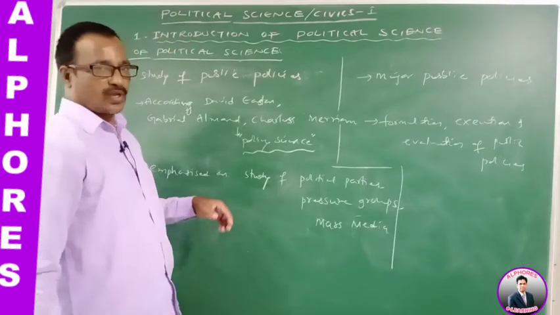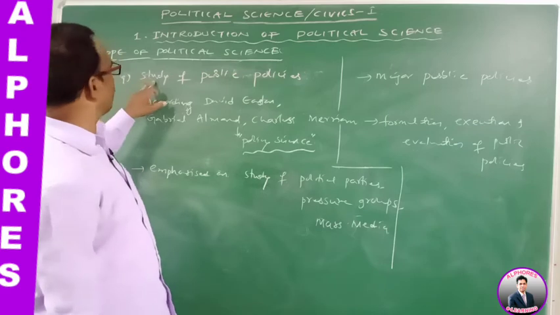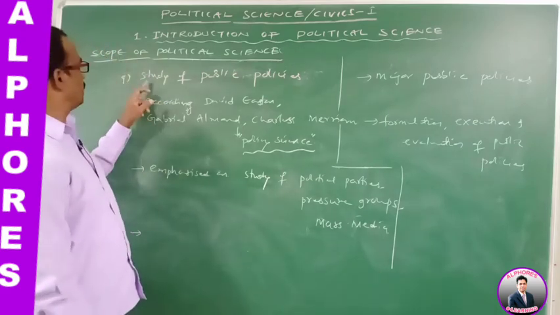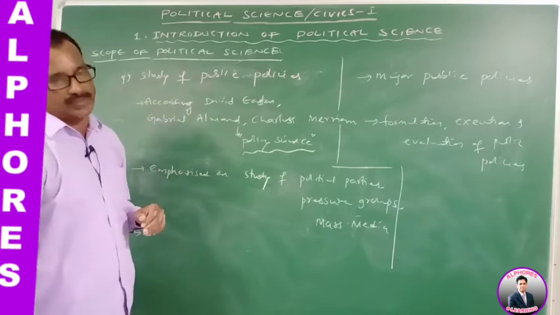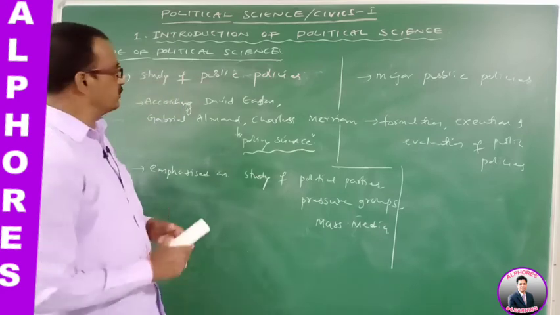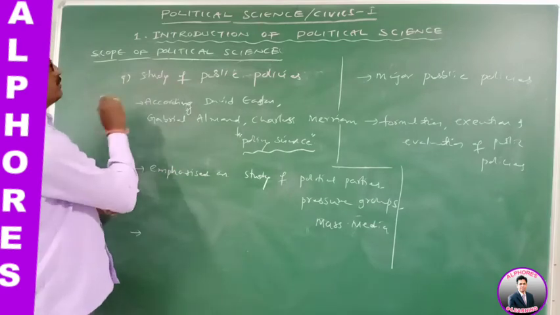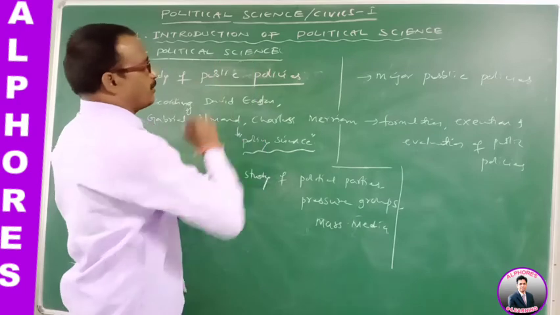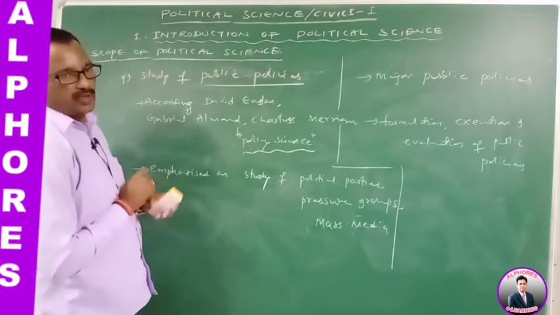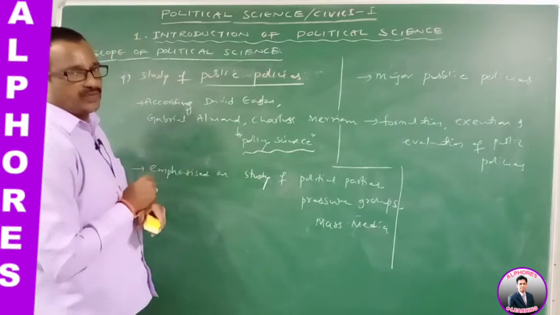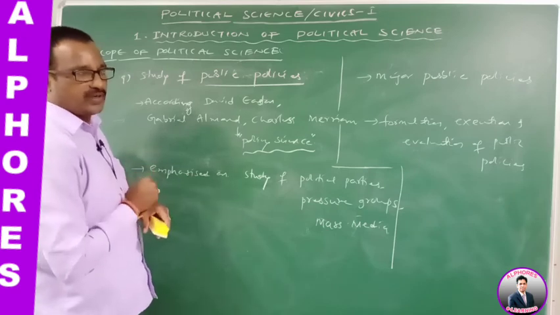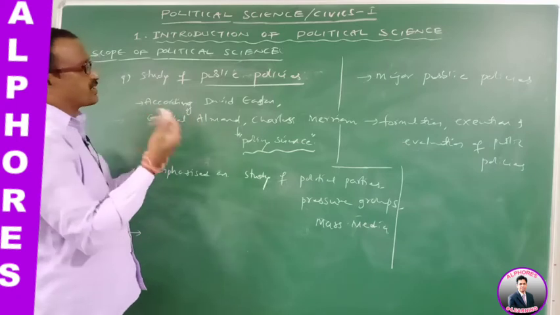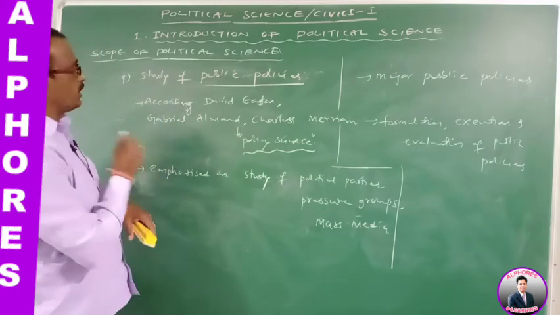Dear students, I am going to explain one more point, a part of the scope of political science, that is the study of public policies. At first, political science explains the public policies. Different political philosophers have given definitions of political science based on many factors.